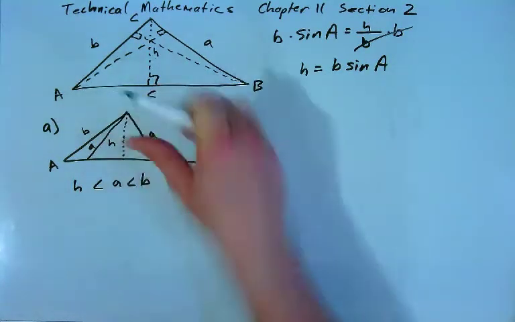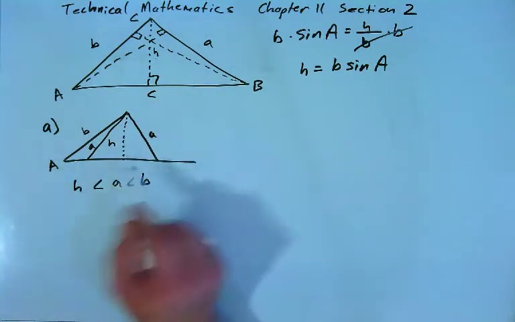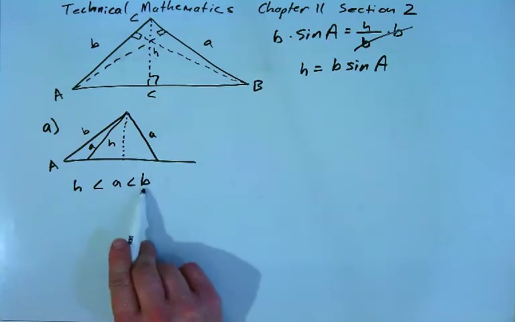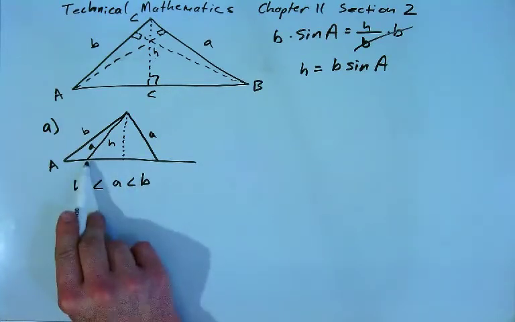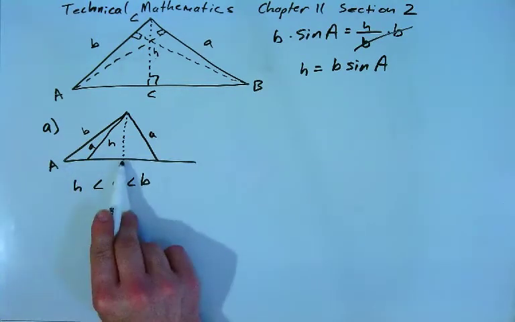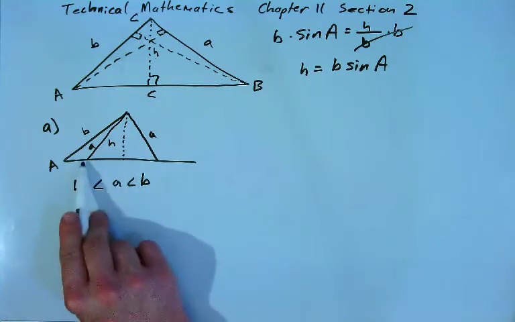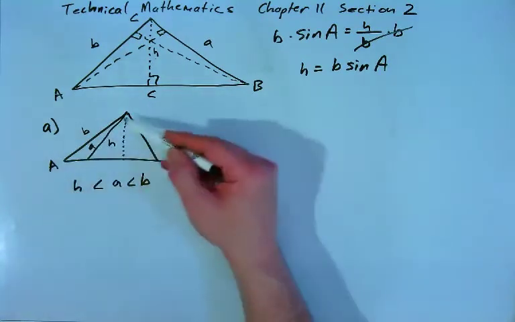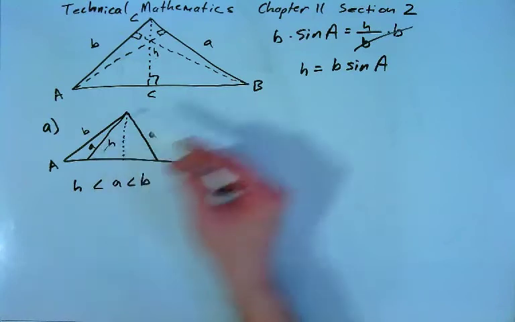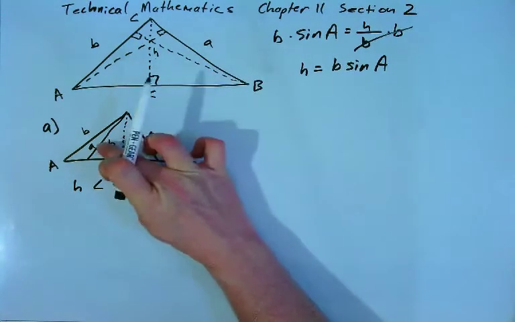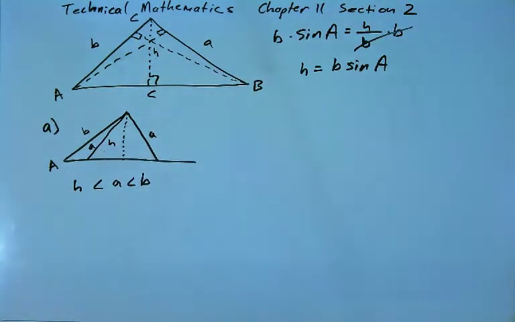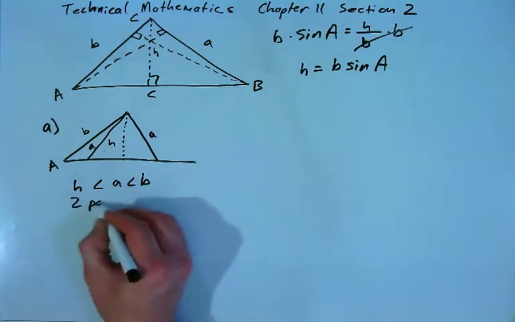If it was shorter than h, it wouldn't touch this opposite side at all. And as long as A is shorter than B, A will fall somewhere between angle A and the right angle formed from h, right? So as long as A is shorter than B, it falls in this area somewhere, and then also over here. And so if A is greater than h, but less than B, then there are two possible solutions.